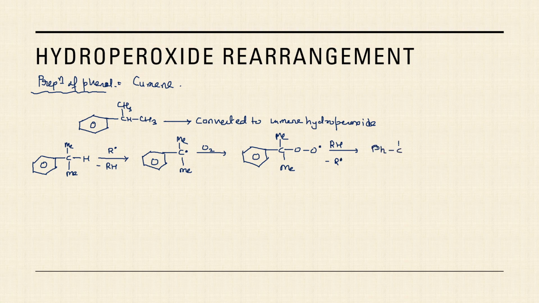You can write PhCMe2OOH. This is the first step of the reaction. Cumene का oxidation आपने कर दिया. After this, you will perform the same hydroperoxide rearrangement. So Me2COOH, in the presence of H plus, this will turn into Me2C.